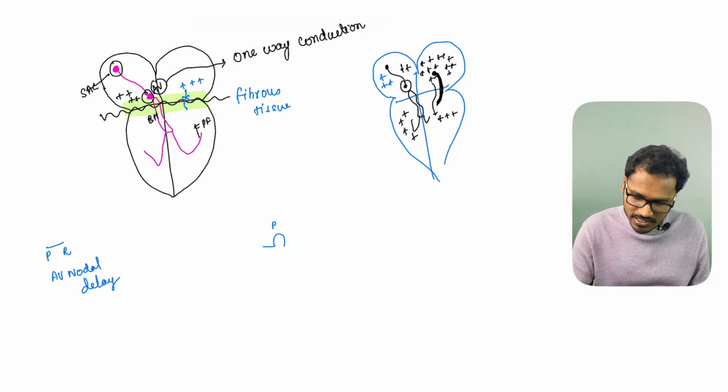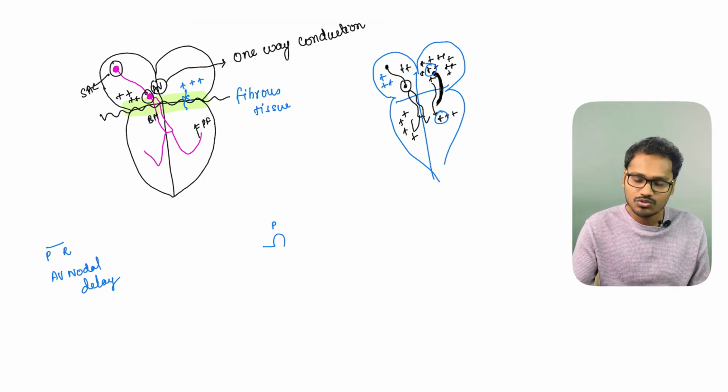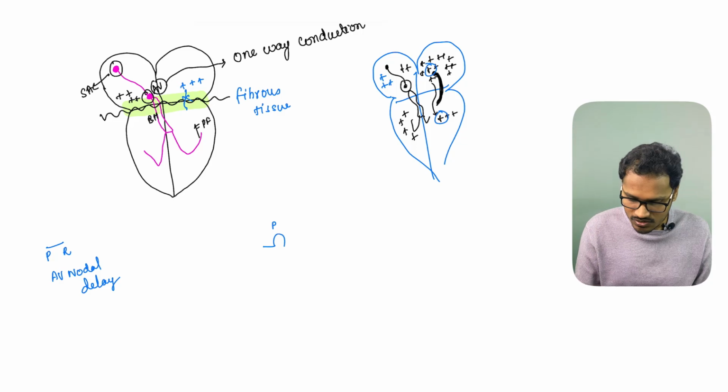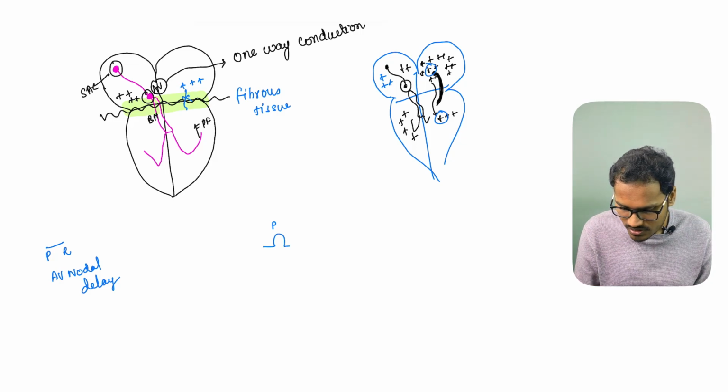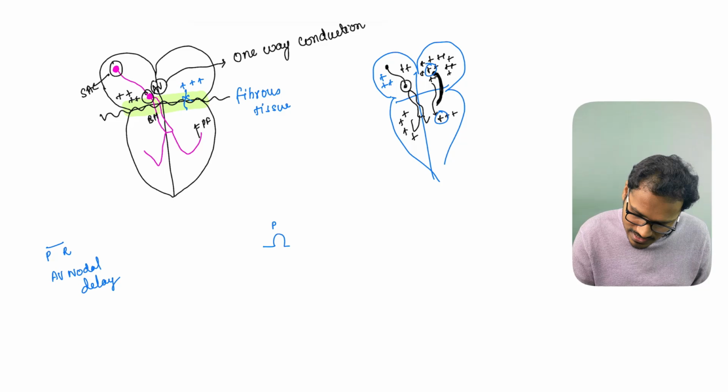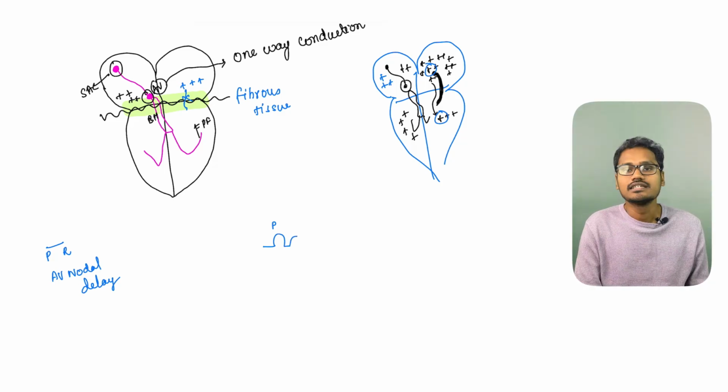The AV node is delaying the impulse, but the impulses from the atria are going through these fibers, the bundle from atria to ventricle. So this will shorten the PR interval, because some of the impulses have already reached the ventricle. Once they reach the ventricle, they start depolarizing the ventricle and start the QRS complex like this.